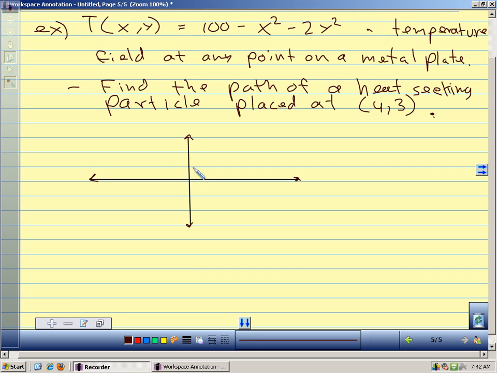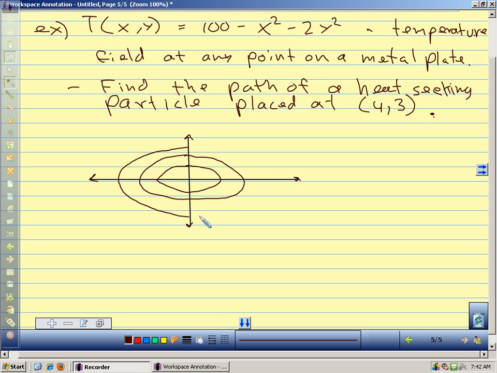So I'm just going to sketch some level curves. I don't know exactly what they look like, but they're going to be ellipses. So our temperature field on this plate looks something like this. And we're putting a particle over here at (4, 3). So we're going to start a particle, say right here.